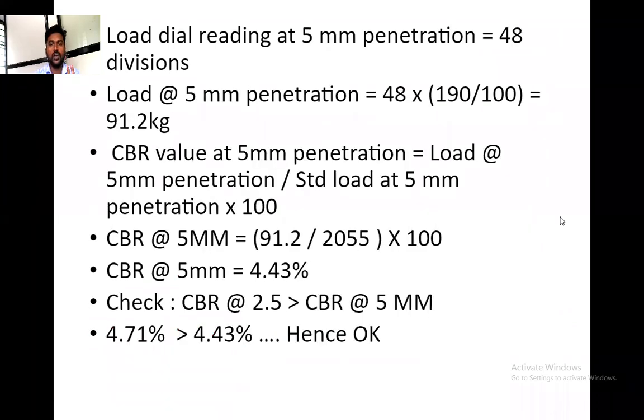Similarly, suppose the load at 5 mm penetration is 91.2 kg. With the same formula, the load at 5 mm penetration divided by the standard load at 5 mm penetration, into 100. The load at 5 mm penetration came as 91.2 kg, divided by the standard load for 5 mm, which from the chart is 2055 kg.